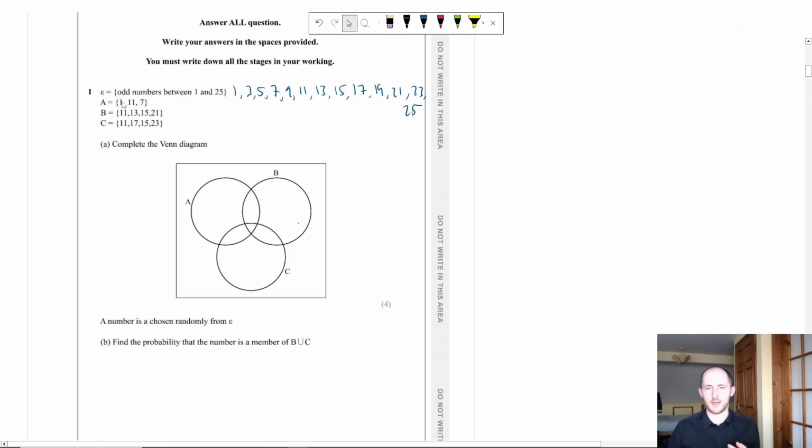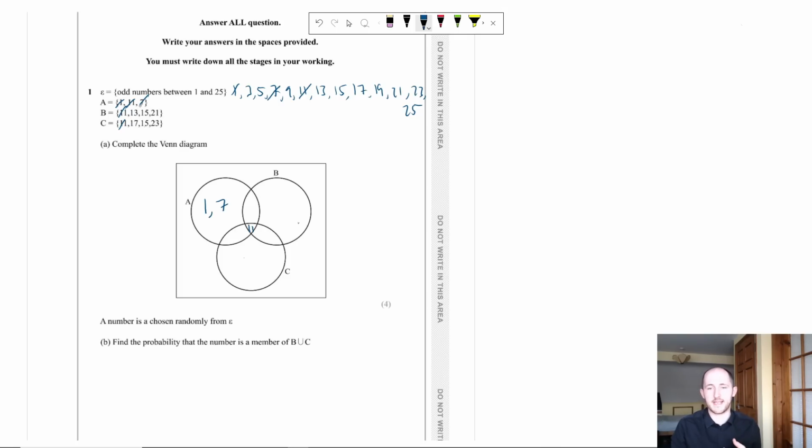So if we look at number 1, there's no 1s anywhere else, so 1 would just be in A, and then I cross it out from the list of A and the universal set. Okay, and this is really important. 11, I see, is in all 3, so I'm going to put 11 in the middle overlap, so cross those all out. 7 is just in A again, so cross that out.